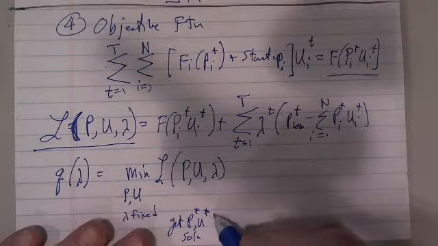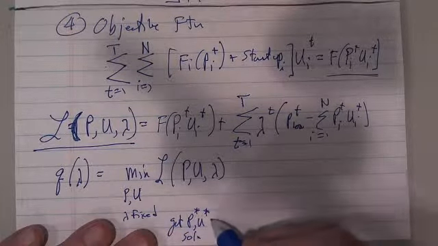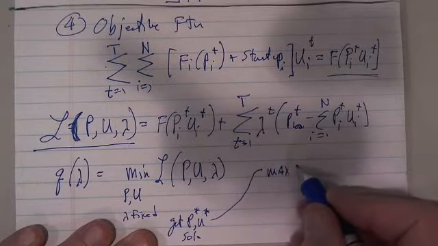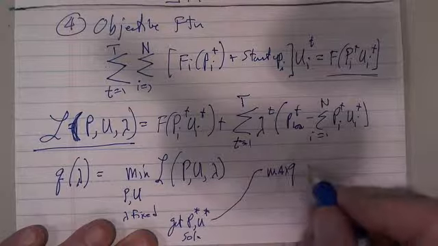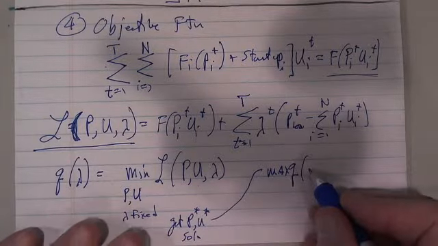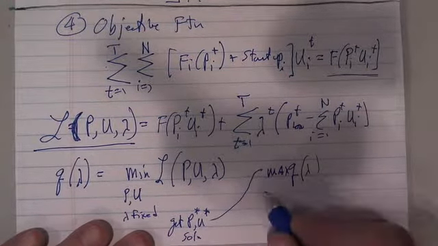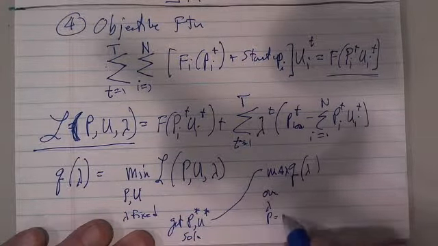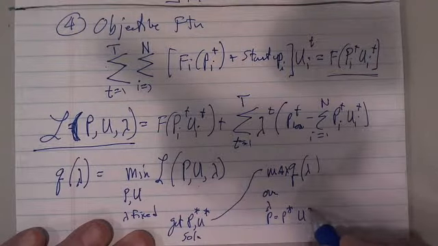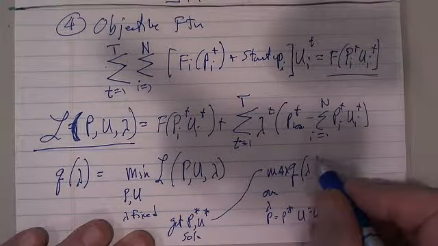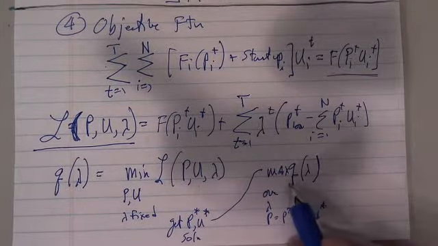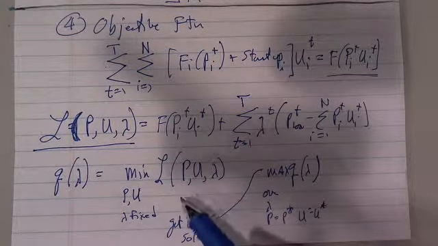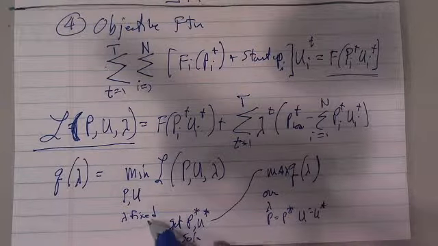Now the next step is to maximize Q of lambda over lambda, with P equal to P star and U equal to U star. So this is the decoupling. I'm going to solve the problem with lambda held constant.